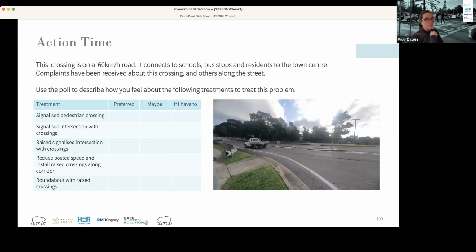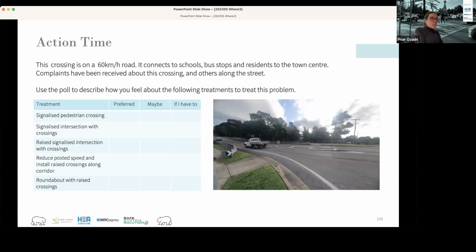And I think that's going to be 1,000 times better than what it is at the moment in terms of managing those traffic volumes at this site. So maybe, and we've got an if I have to. I sympathise with the if I have to, because they're expensive and often we are struggling for budgets. So that's something I take into consideration as well.